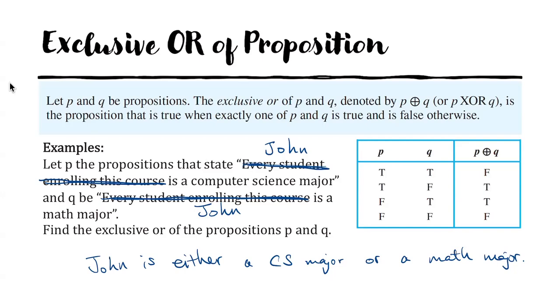Right. So to emphasize this is exclusive or, when we translate that, we normally have the word "either" there. This is just something to be aware of, the difference between the exclusive OR and the disjunction OR.